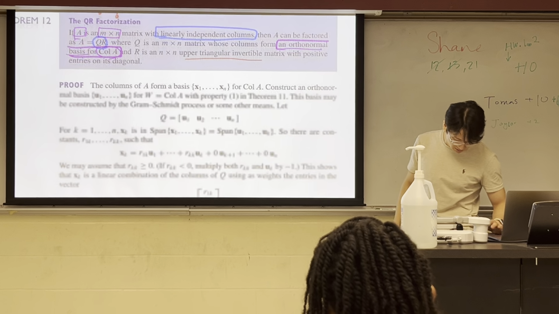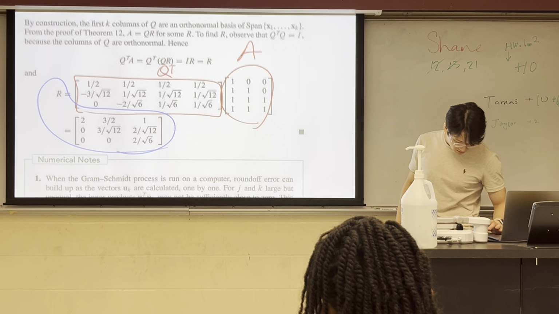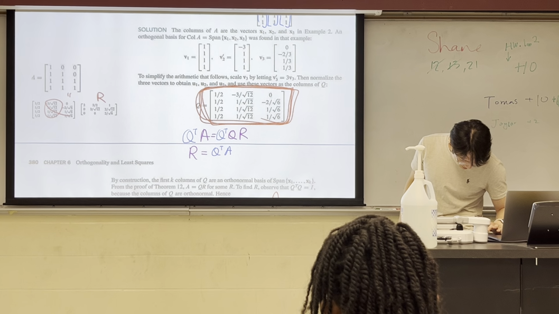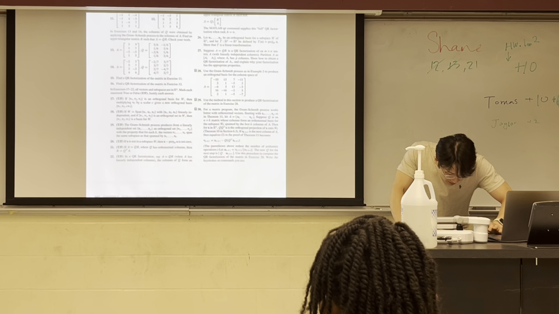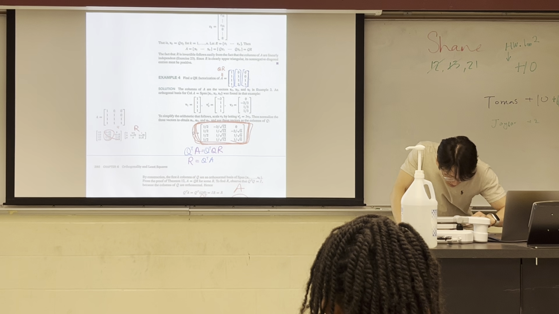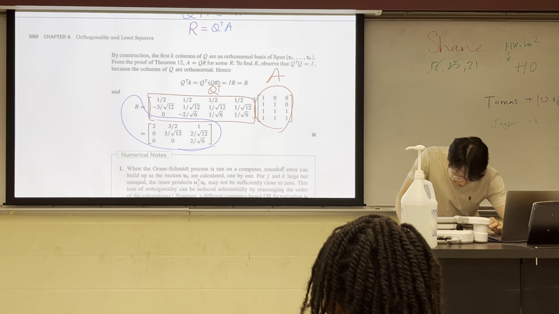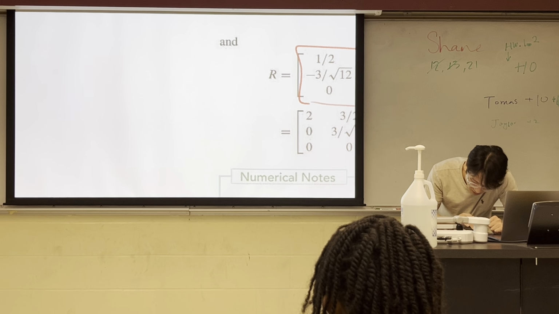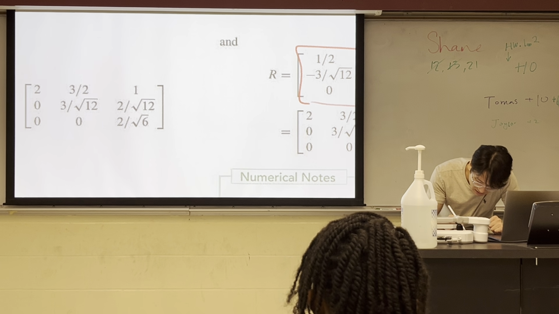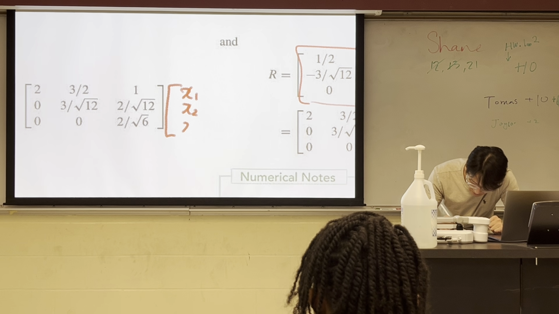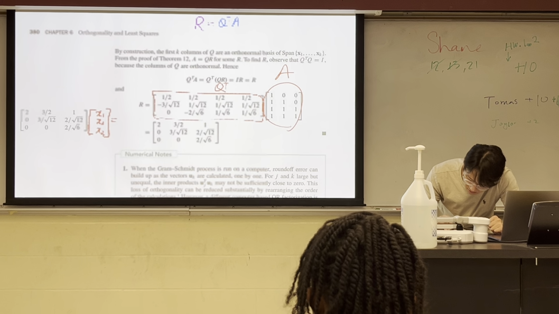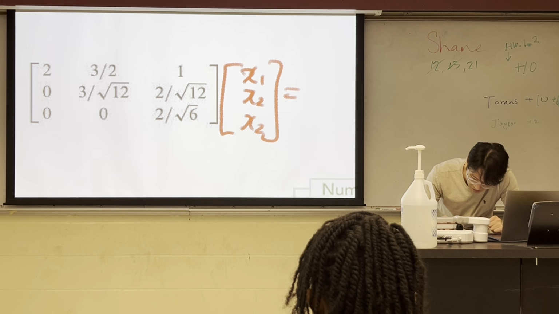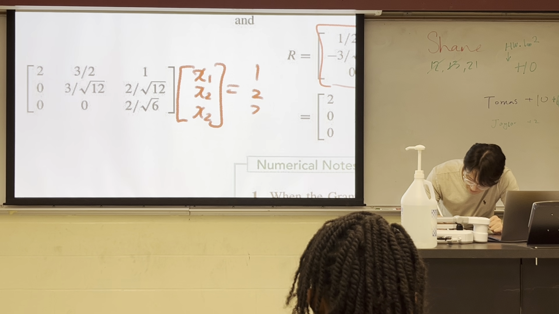We have an example. Let's say you have R and you have X, and then you have Q transpose B. Let's say it's some numbers, 1, 2, 3.